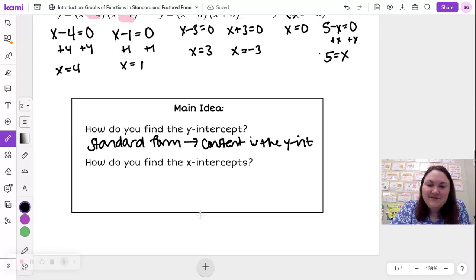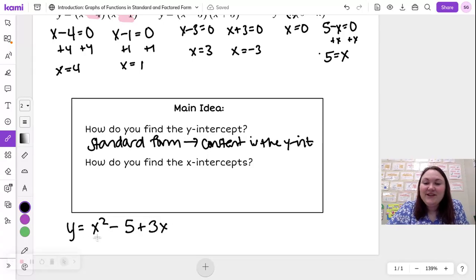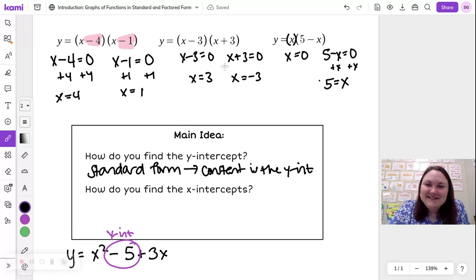So for example, if I gave you the equation in standard form, y equals x squared minus 5 plus 3x, we can look at that and we know our y-intercept is going to be negative 5 because it is our constant. If you want to know the x-intercepts, that's what we did in the second part here.